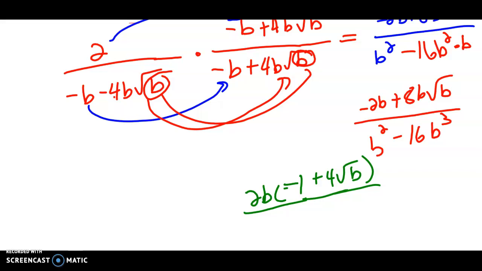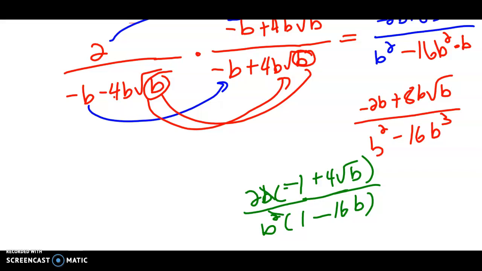So now on the bottom, we can factor out a b squared. So we have a b squared, and then what's left over here is 1 minus 16b, because b squared times 1 is b squared. B squared times negative 16b is negative 16b cubed. All right, at this point, a b is left over on the bottom, but we can divide out 1b.